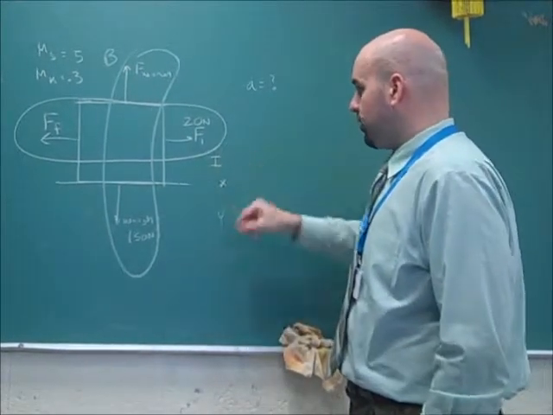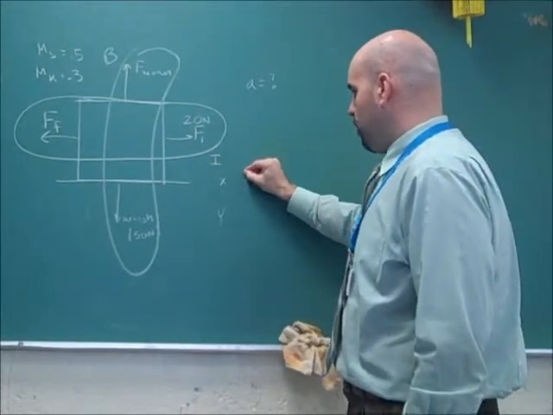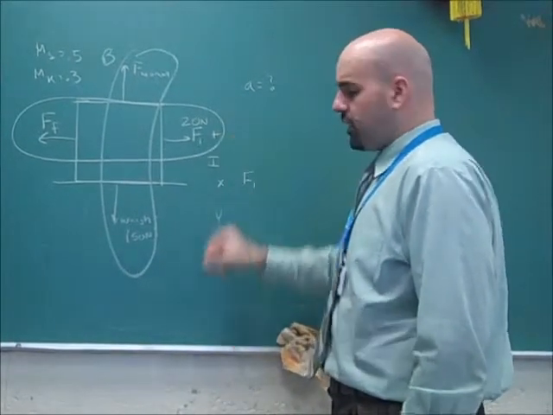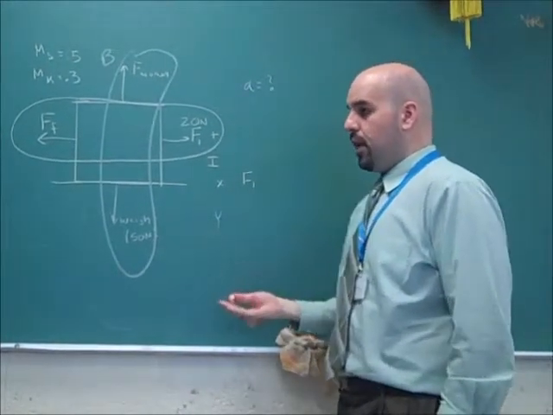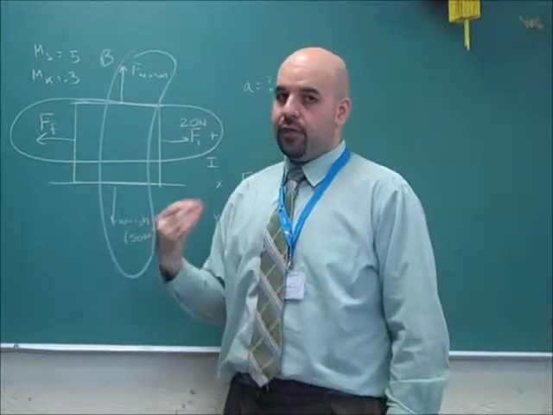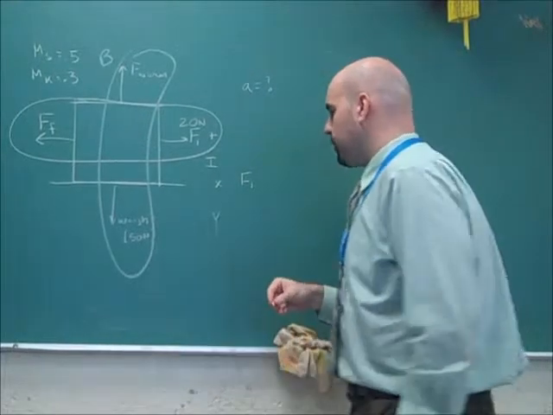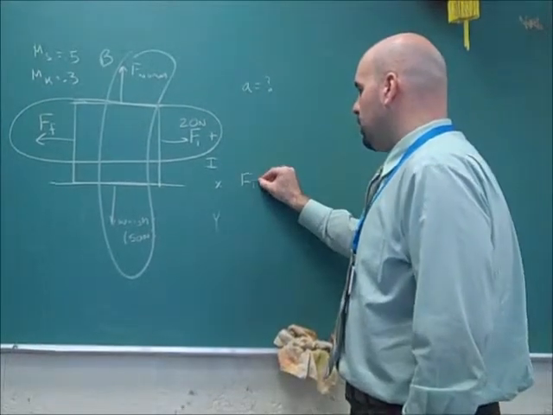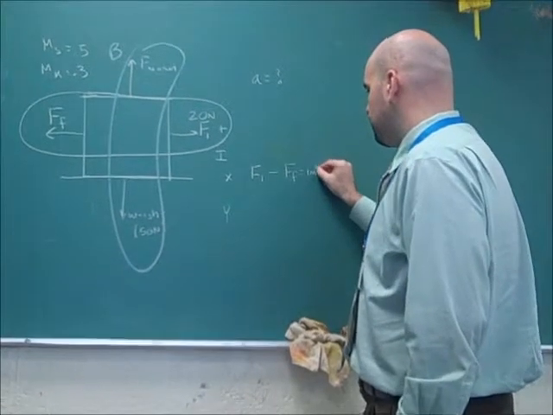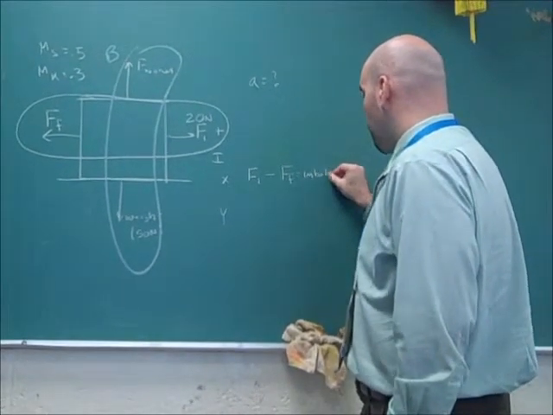In the x, I have the force I'm pushing. I'm going to call this direction positive because I assume the imbalance is to the right. If the imbalance is actually left, I'm going to get a negative acceleration. I'm writing the word imbalance.